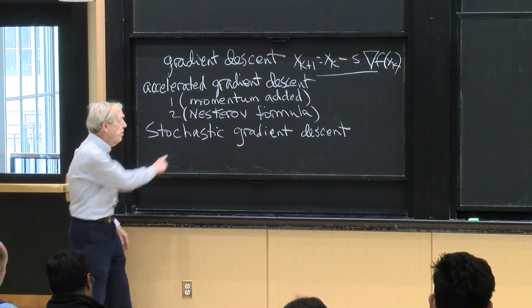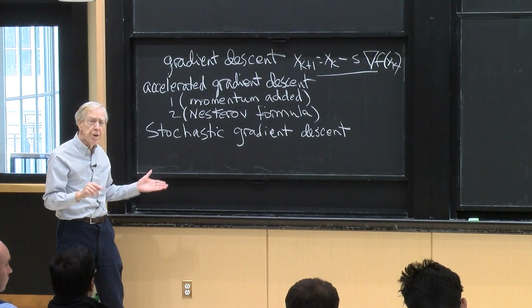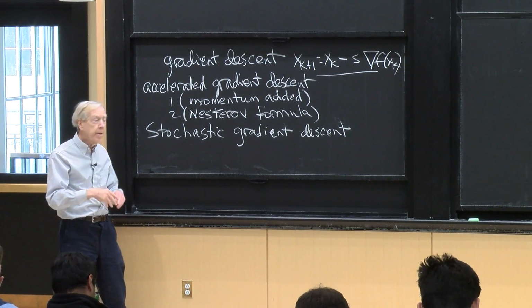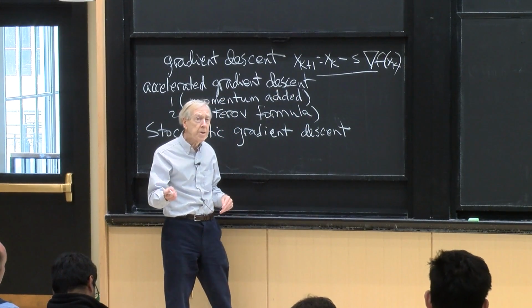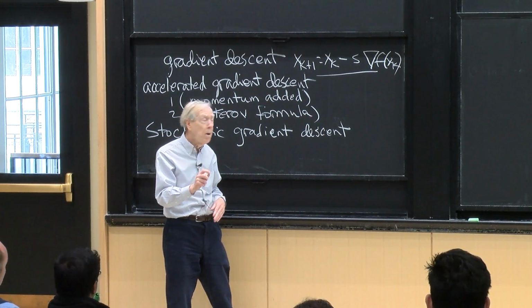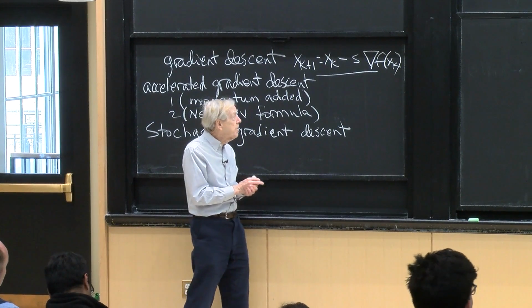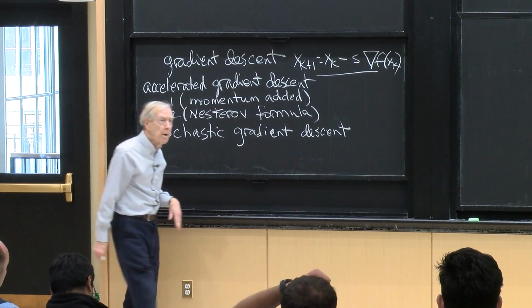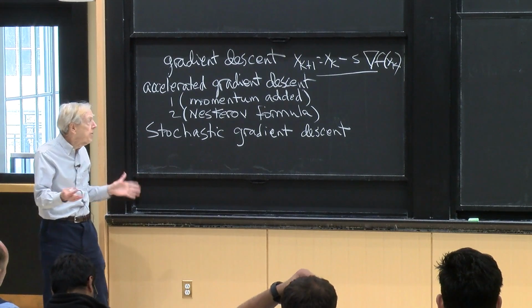Okay, and then, looking ahead, for problems of machine learning, they're so large that we have so many variables. All those weights are variables, and hundreds of thousands is not uncommon. So then the gradient becomes a pretty big calculation, and we don't have to do it all at once.